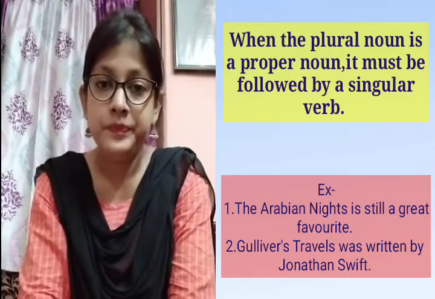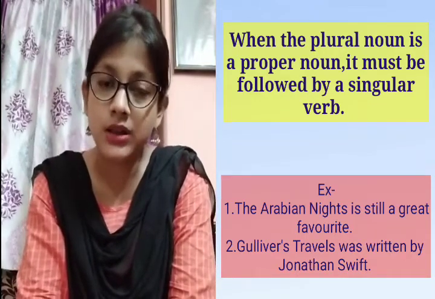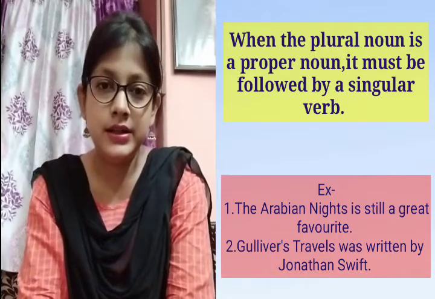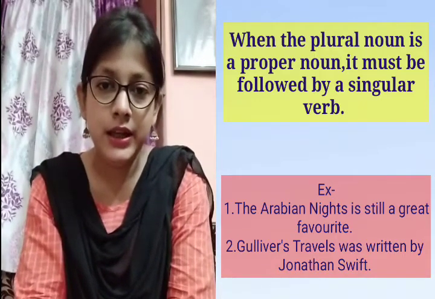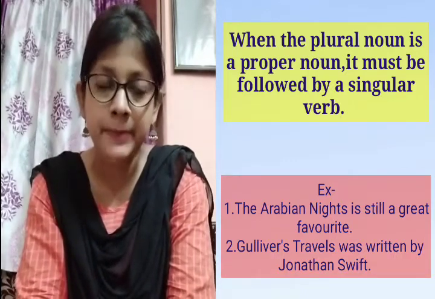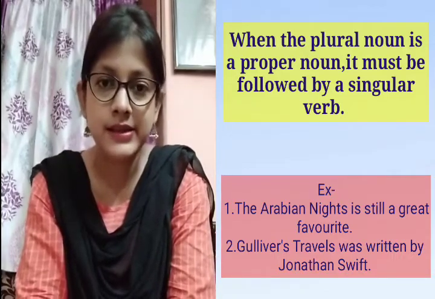Next example, Gulliver's Travels was written by Jonathan Swift. Here Gulliver's Travels is plural in form but it's actually a singular name, so that's why it takes a singular verb, placed after the noun.